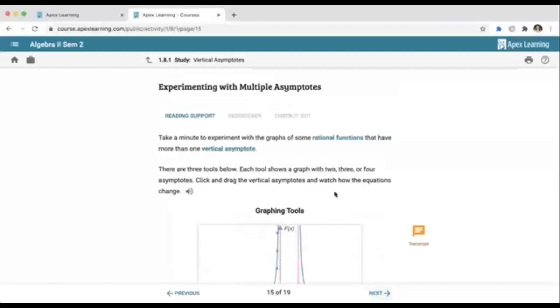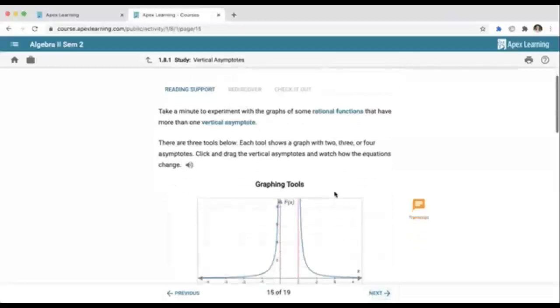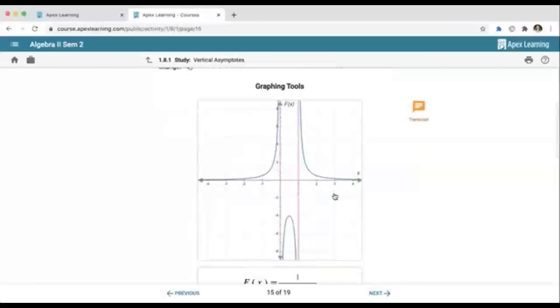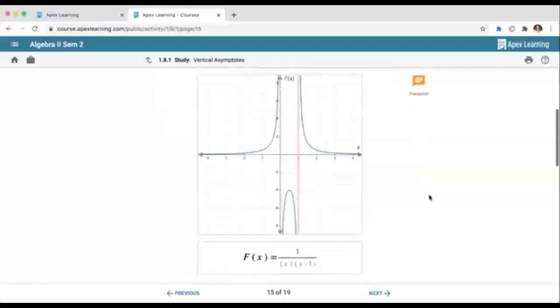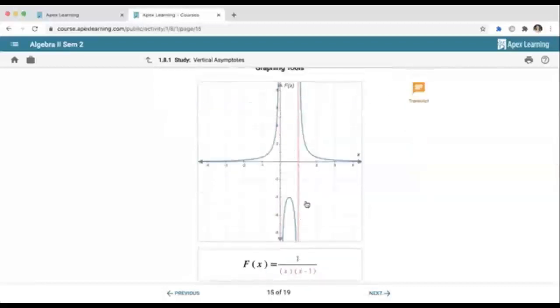All right. So then if we look here at some rational functions with more than one vertical asymptote, our first one here, I think I can move these. There you go. All right. So I've got 1 over x times x minus 1, right?